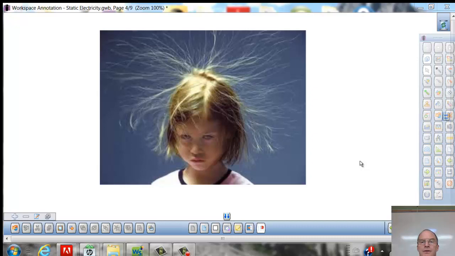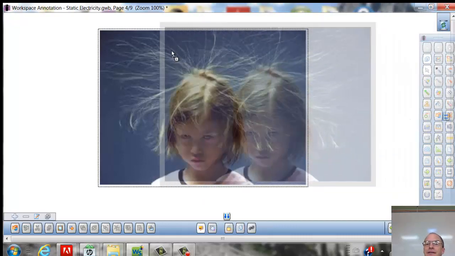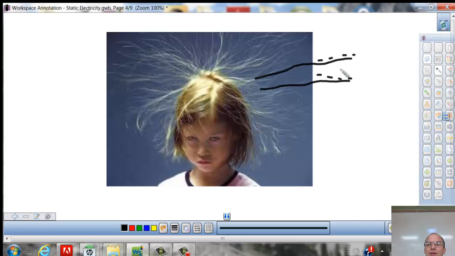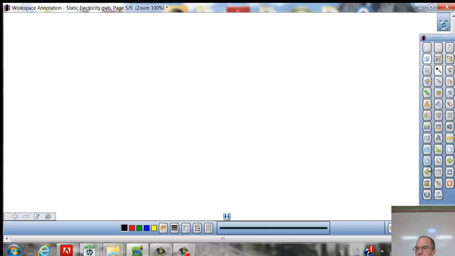Look at this little girl. She's just pulled her sweater off on a nice dry day, and of course what's happening here is that her strands of hair all have extra electrons on them, are negatively charged, and so they're repelling each other and standing out in this really frizzy way. And we can simulate that in a lab using a Van de Graaff generator.